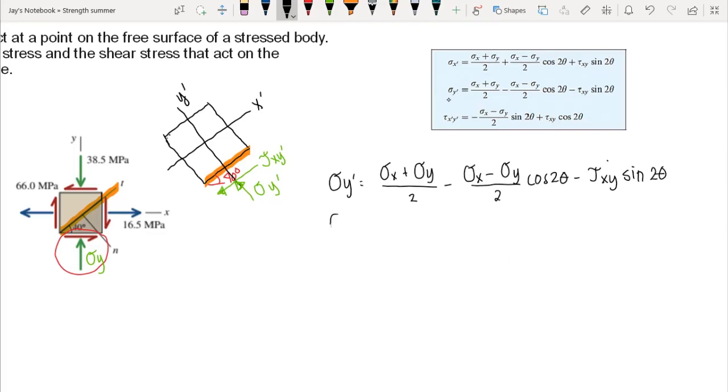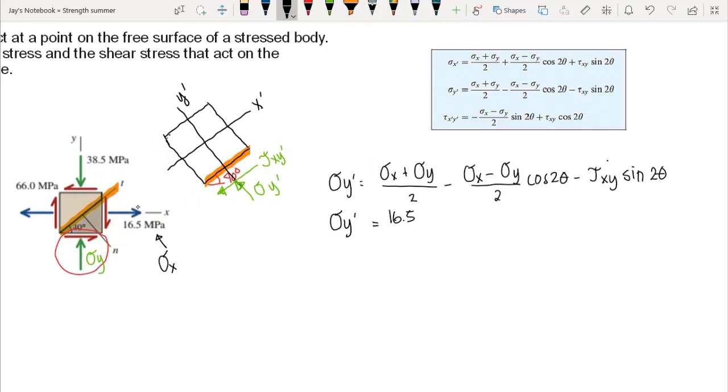Now our sigma x here is the stress acting on the x-axis, which is this one. We have tension, so therefore this is positive, so 16.5.